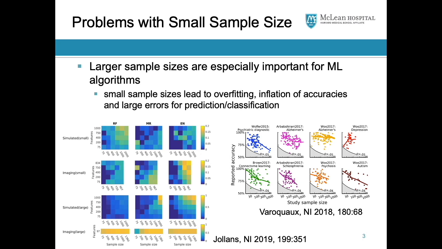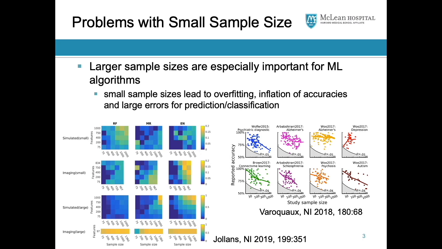In this case, the outcome was a measure of intelligence for small effect size, and for large effect size, the outcome measure was age. They showed that sample sizes of 400 plus are really necessary to achieve a decent out-of-sample performance for these different regression machines, including multiple regression and elastic nets.